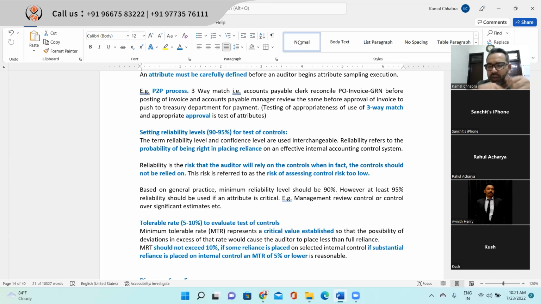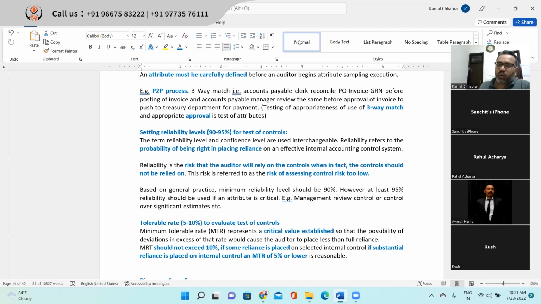Value of total value of the population, right? Number of the items in the population, your tolerable limit, your reliability limit, right? So all this information is clubbed together and a mathematical calculation is done, and based on that they throw up the number of samples.